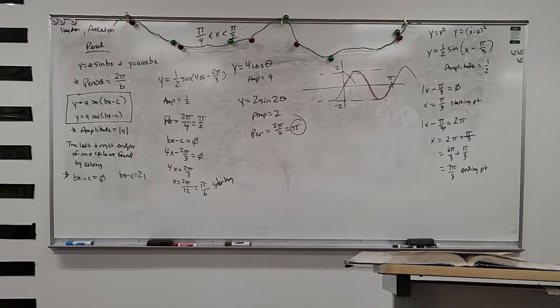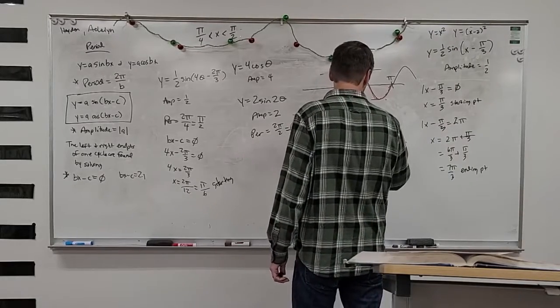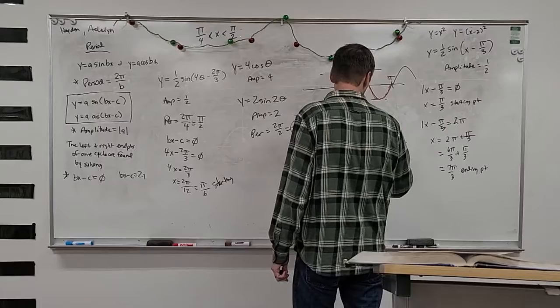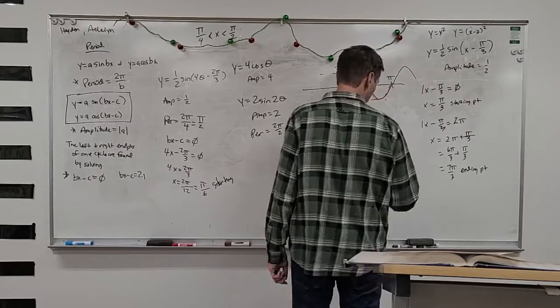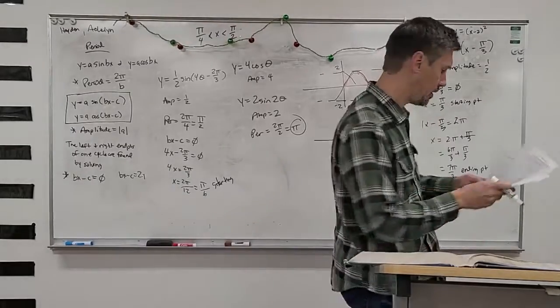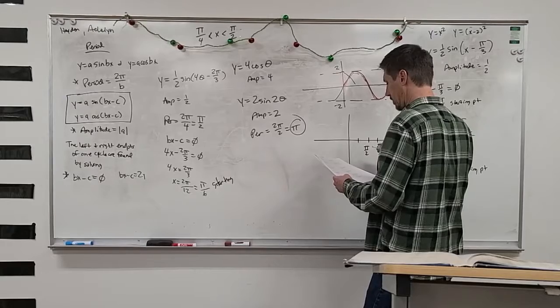All right, so what I just showed him was for C. If you look at C, you've got pi halves here, right? And for C, we have a starting point.